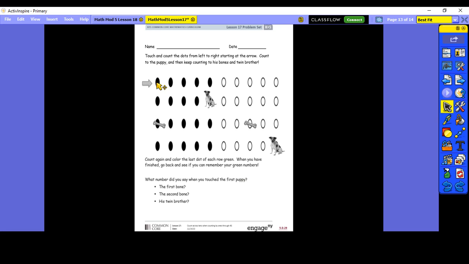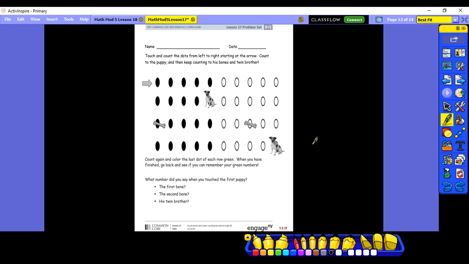Ready, go. 1, 2, 3, 4, 5, 6, 7, 8, 9, 10. What comes after 10? 11, 12, 13, 14, 15.